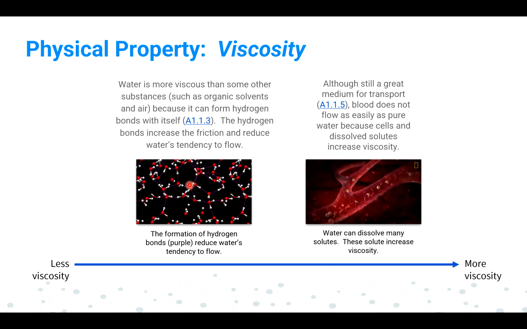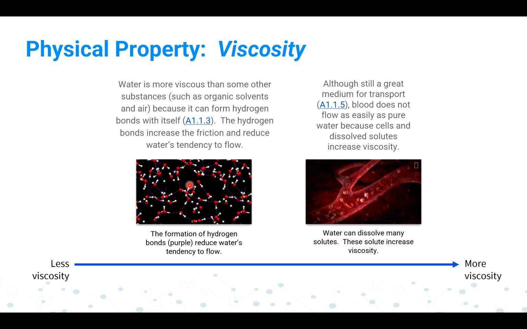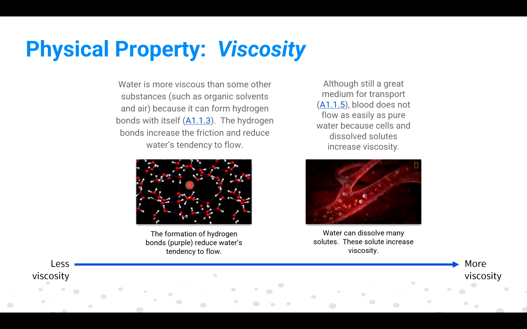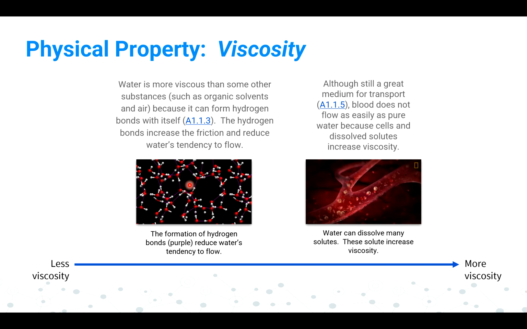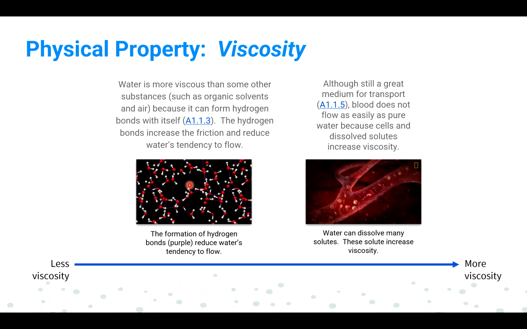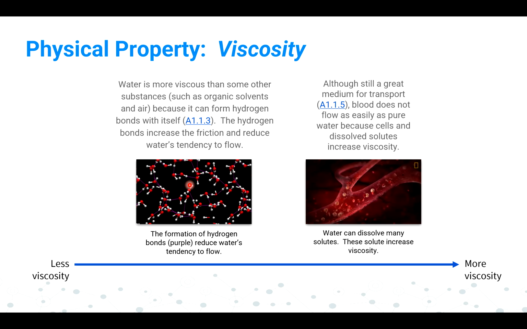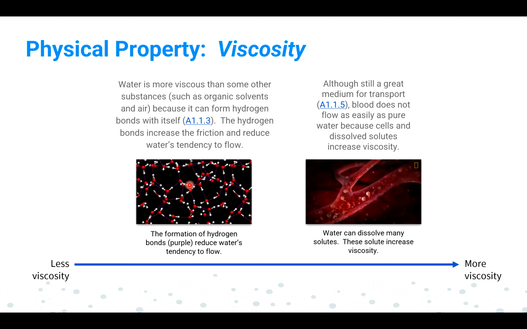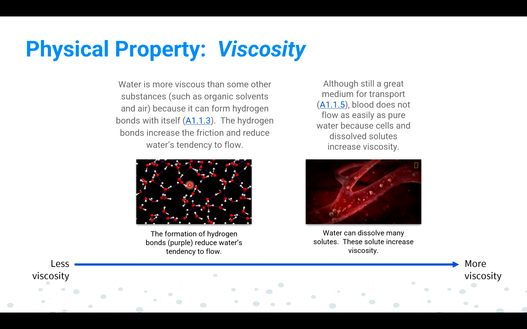Water is more viscous than some other substances because it can form hydrogen bonds, and hydrogen bonds increase the friction and reduce the water's tendency to flow.